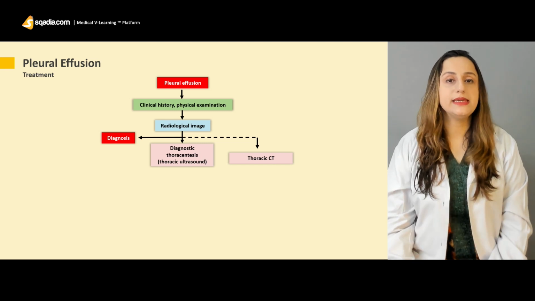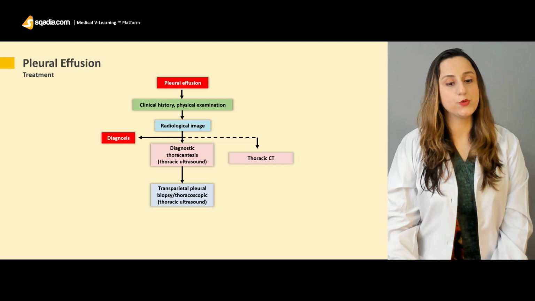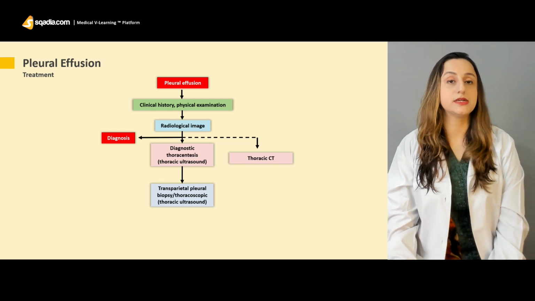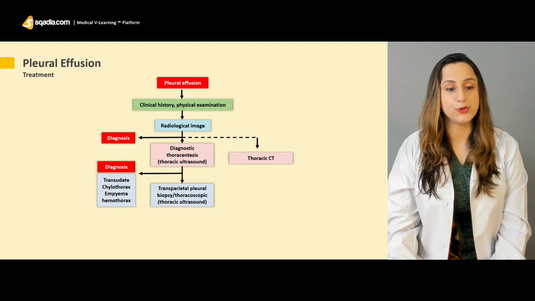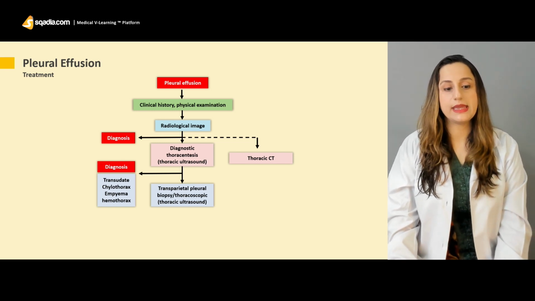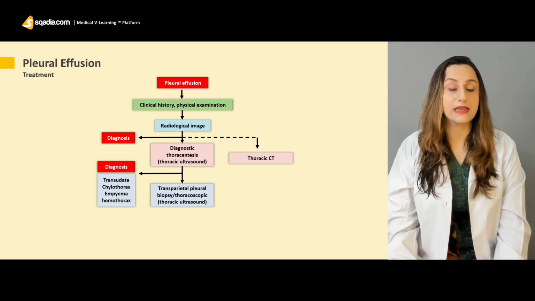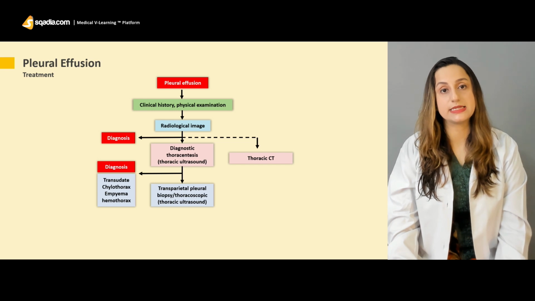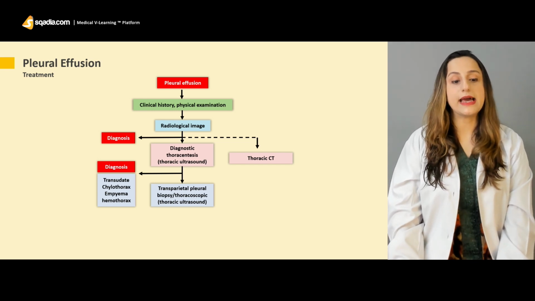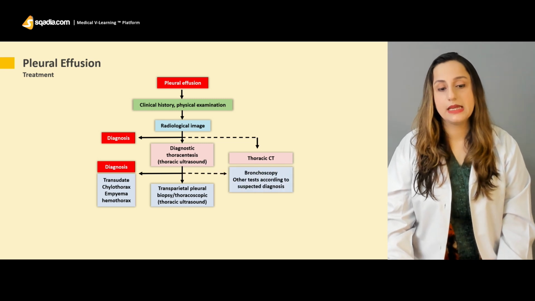You're going to perform the thoracic CT scans, and we can have the transparietal pleural biopsy or even a thoracic ultrasound is resorted to. We can have different diagnoses. For instance, we can have transudates, chylothorax, empyemas, that is an infectious fluid if it is collected around the lungs, and we can have even the collection of blood in the pleural cavity.